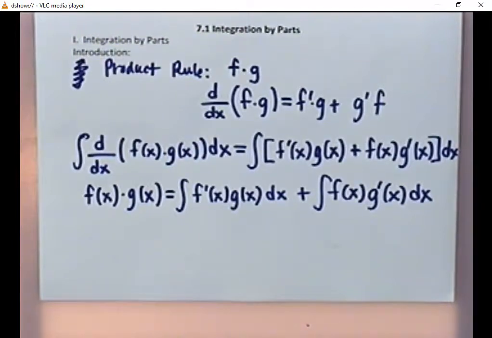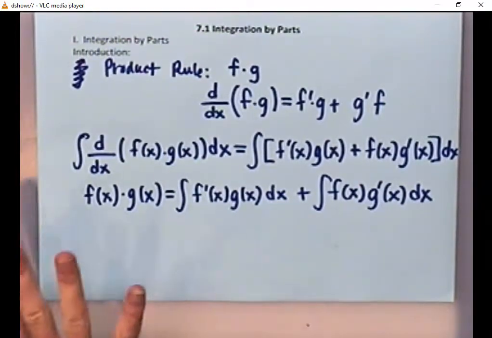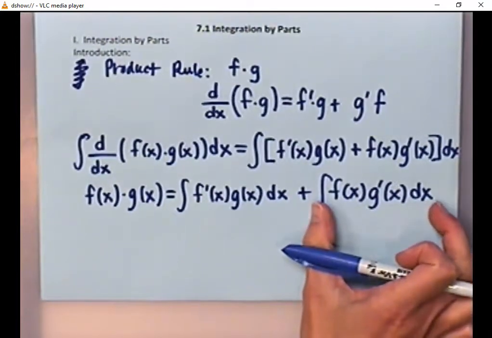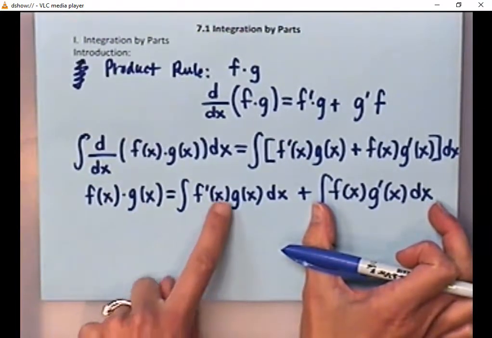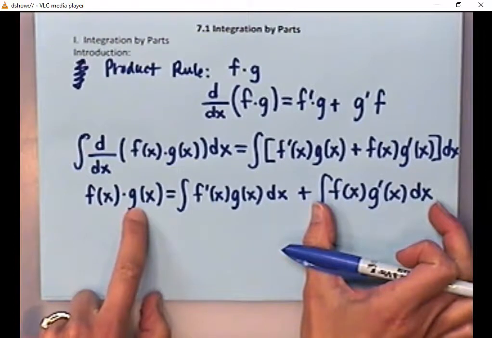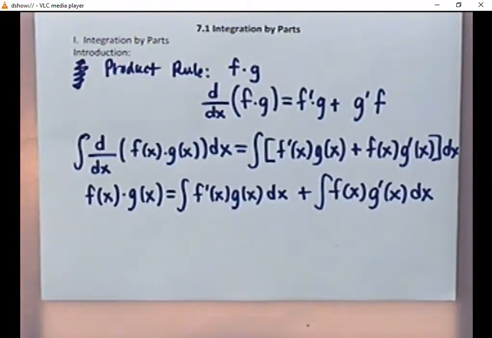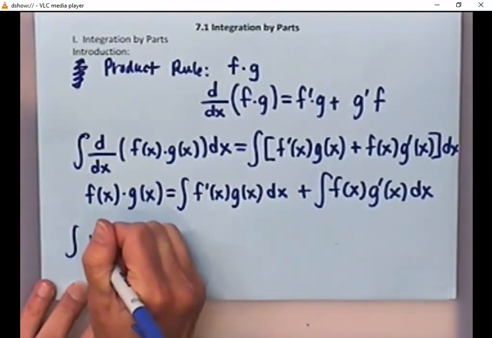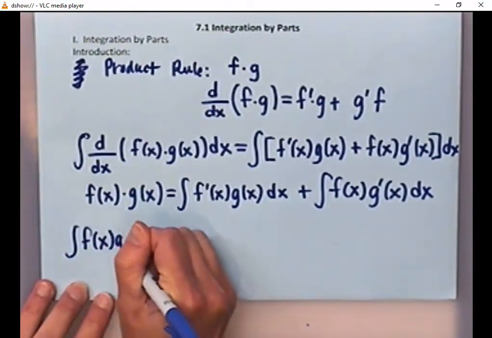Okay, so now I'm going to switch the equation around a little bit, and then I'm going to label the different pieces of it. In this one, we're going to actually solve for this piece right here. So what I'm going to do is subtract this to the other side, but I'm going to move this one on the left. So here's what it's going to look like. I'm going to separate this out here, so I'm going to write it by itself, the f g prime.